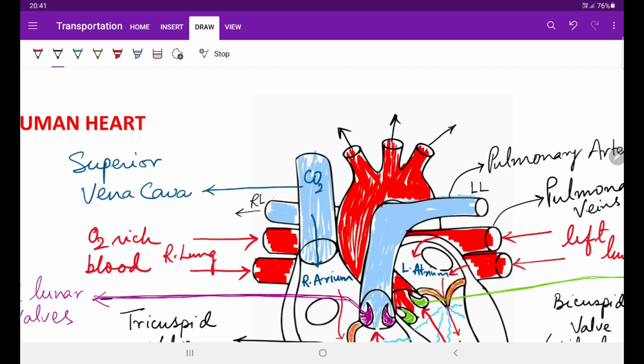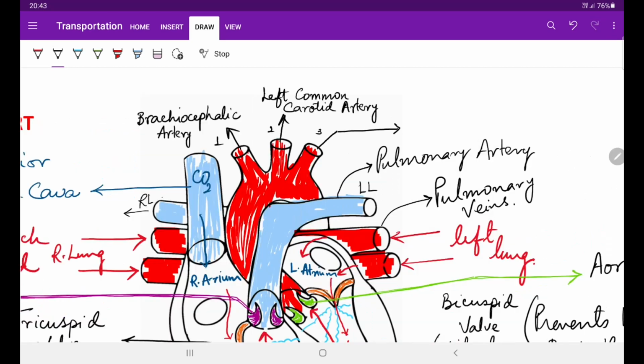These three parts are labeled as the first, second and third. The first one is called the brachiocephalic artery. The second one is called the left common carotid artery, and the third one is called the left subclavian artery.